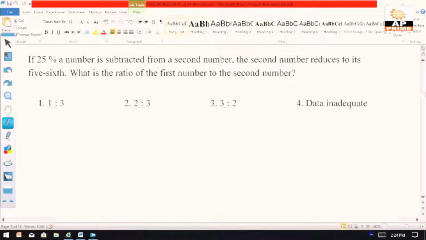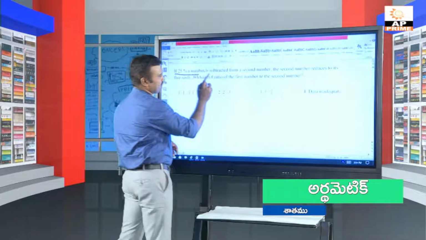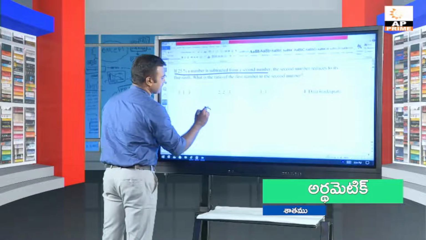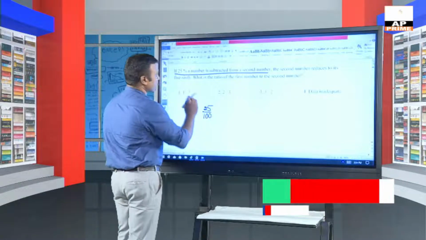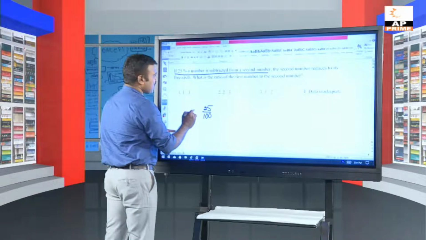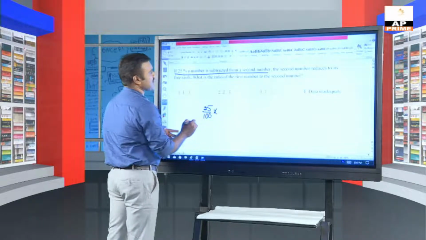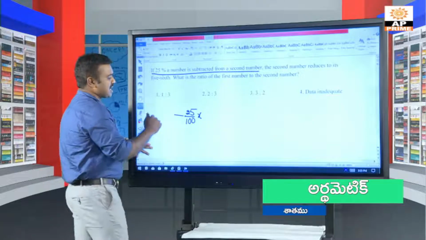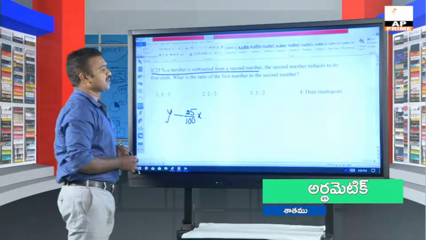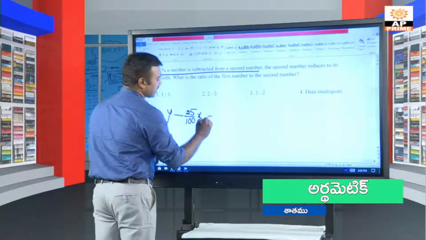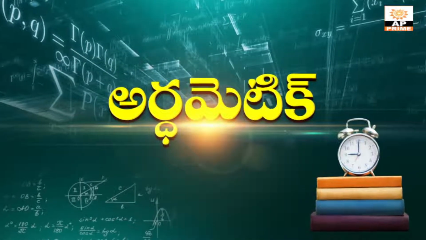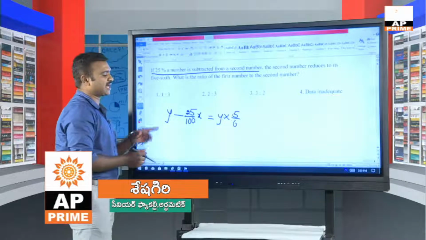What is the ratio of the first number to the second number? 25% means 25/100. We don't know what the number is, so I take it as x. This is subtracted from the second number. We don't know the second number, so I take it as y. After that, the second number is reduced to its 5/6.